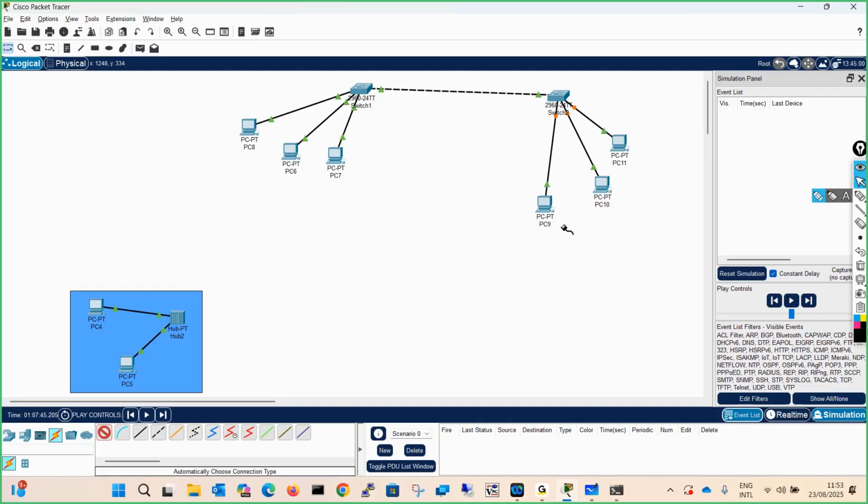So what I told is, whatever the switch is, it is a single broadcast domain.